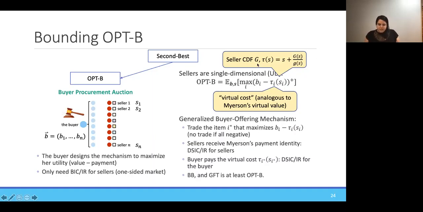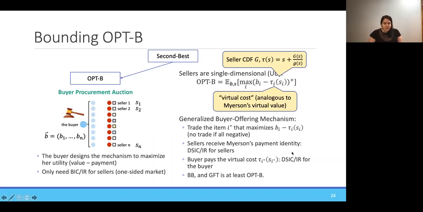And so the mechanism says, let's trade the item in unit demand that maximizes this buyer's value minus this virtual seller's cost. The sellers get the payment identity because they're single dimensional, and the buyer pays the virtual cost. And there's a transformation to make this strongly budget balanced and Bayesian incentive compatible.